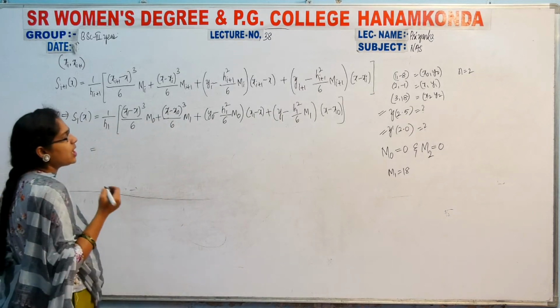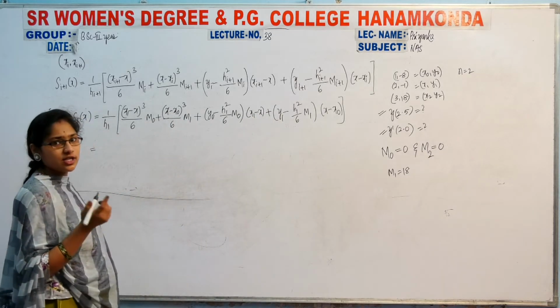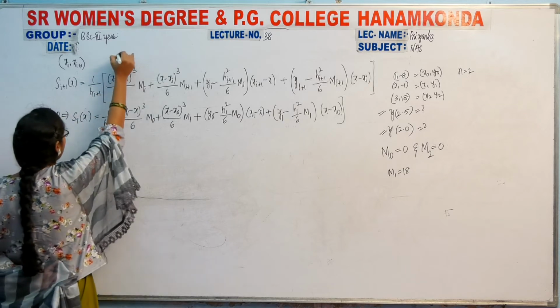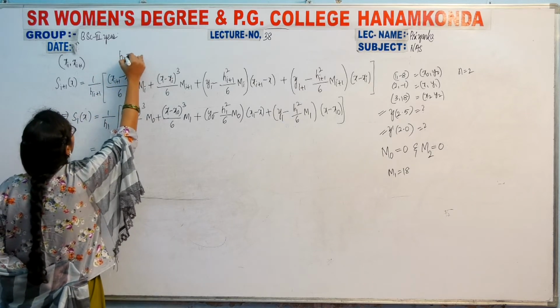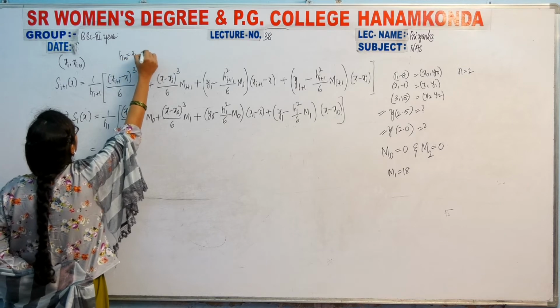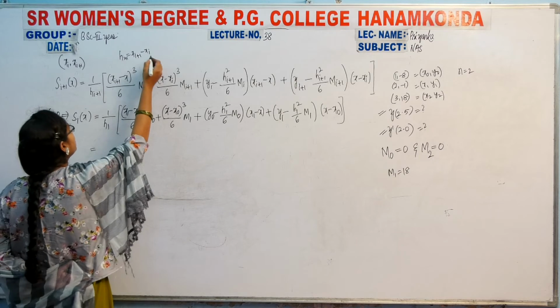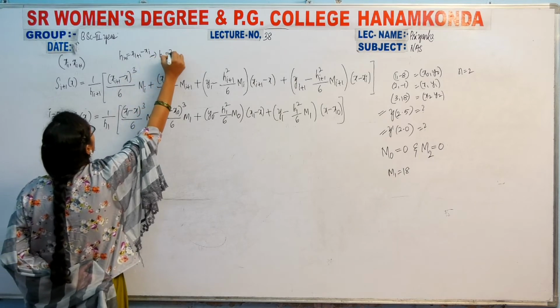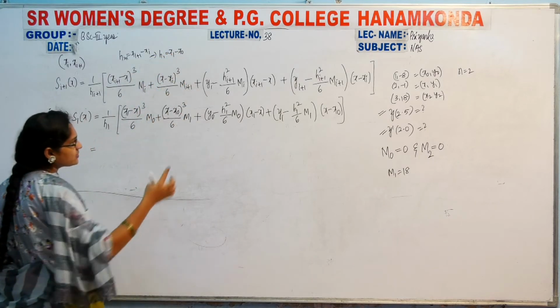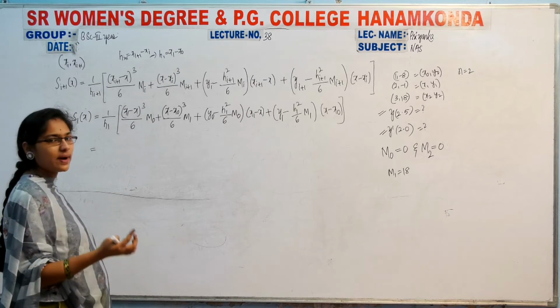What is h1? Just now I gave the formula, h_{i+1} is nothing but x_{i+1} minus x_i. Now here we have to put I equal to 0. Then h1 equal to x1 minus x0. x1 minus x0 means 2 minus 1, 1.